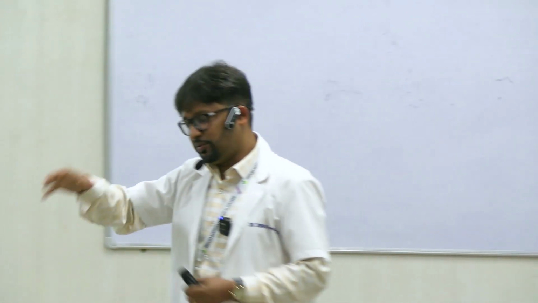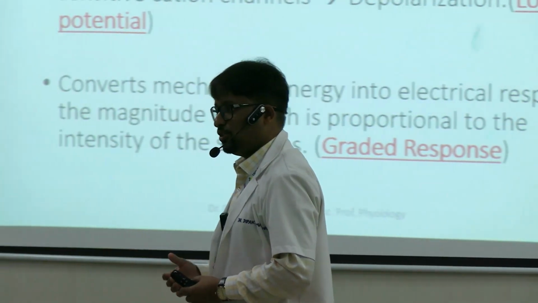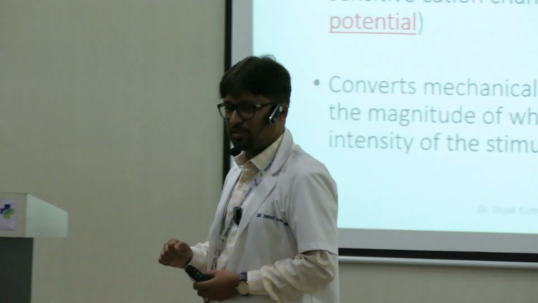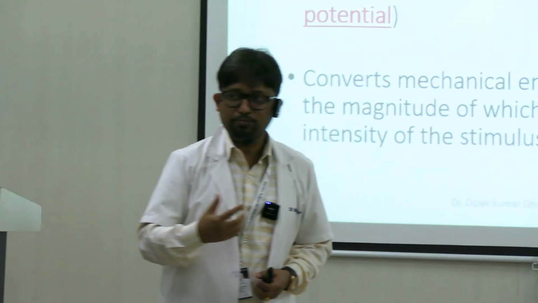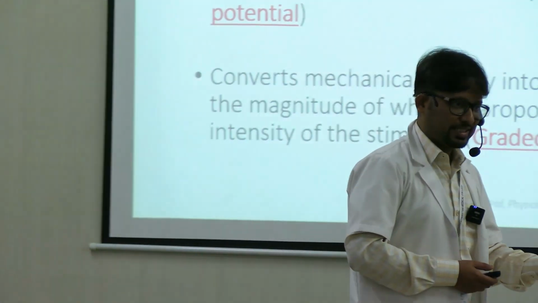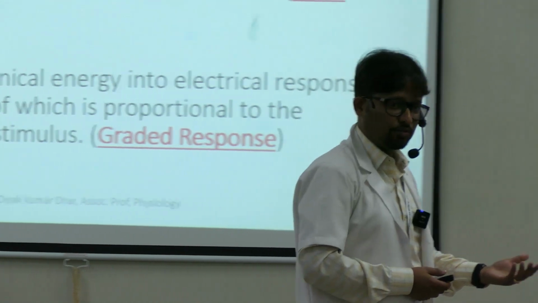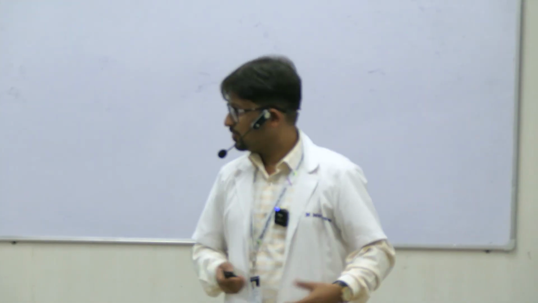In daily life, it is important that we know the intensity of the stimulus. At the receptor level, this property is made possible because of the formation of the receptor potential. Stronger the stimulus, higher is the magnitude of the receptor potential. So that is why things are like this. Right?